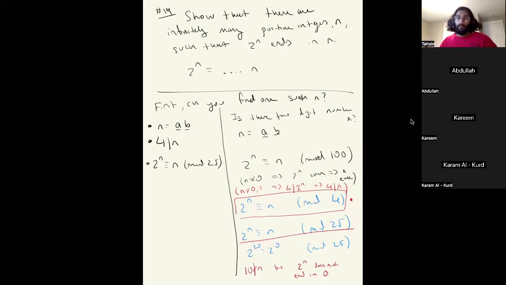Any idea what to do for this one? Maybe, is there a simpler problem that we could solve first?